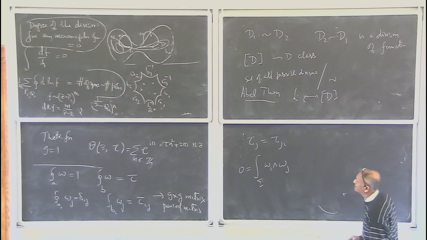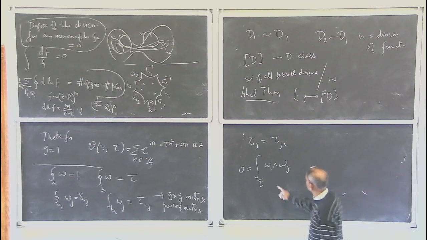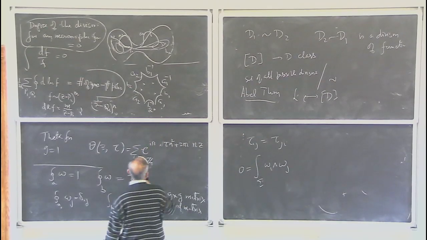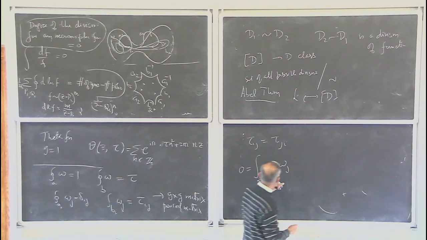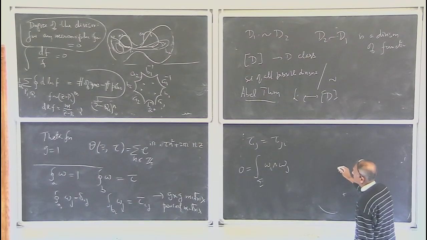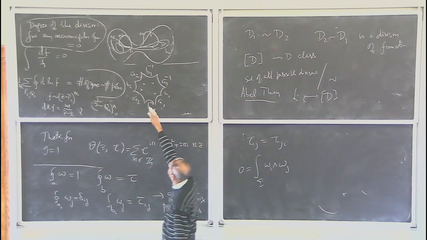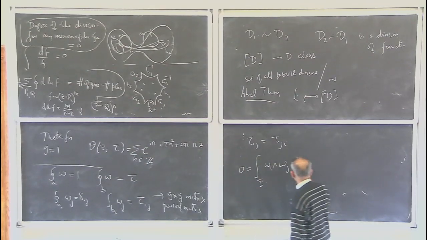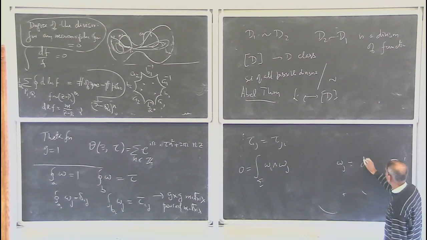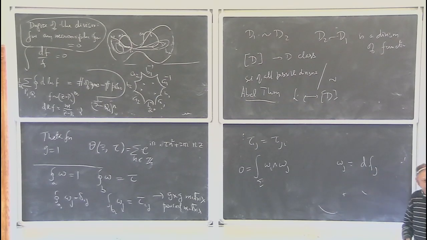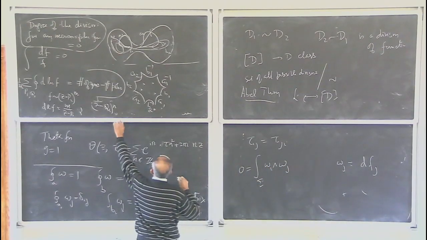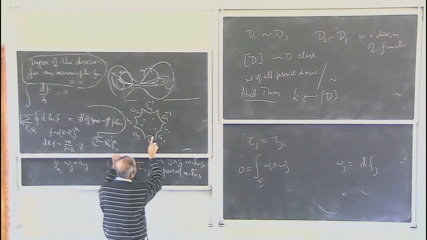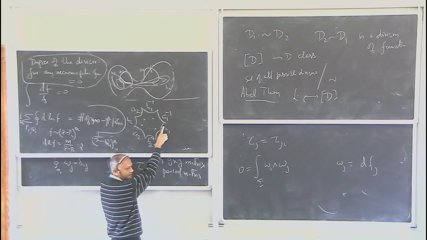But on the other hand, you can now do this integral around here and write it like the following. In this polygon, you can always write one of them, omega j, as d of some fj. Of course, this does not mean that the value of fj here will be the same as the value there.